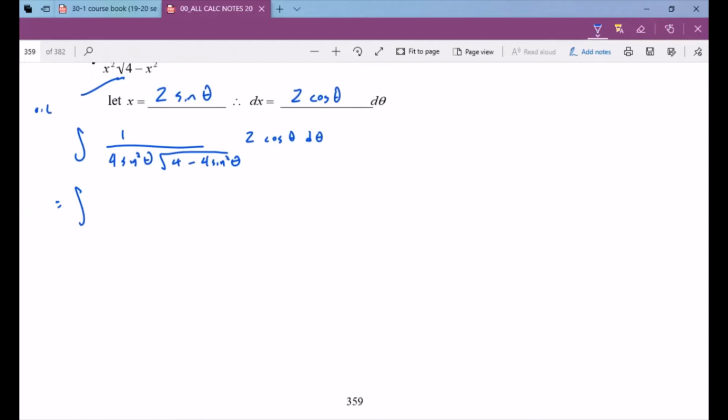So this is equal to, let's move that numerator in, 2 cos theta d theta.